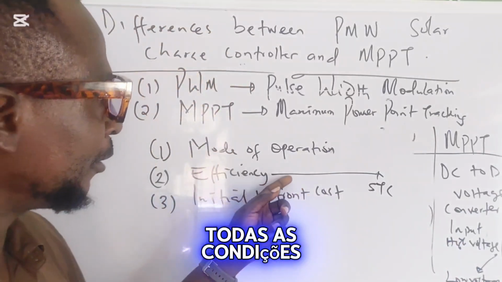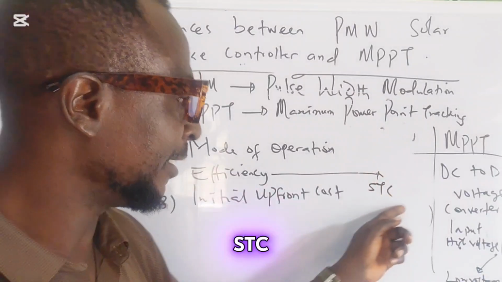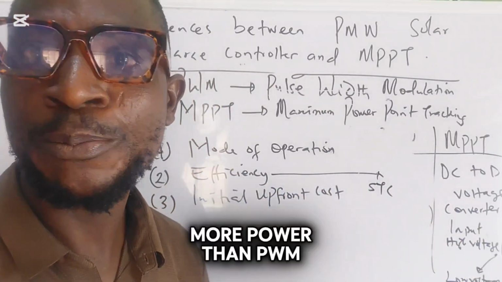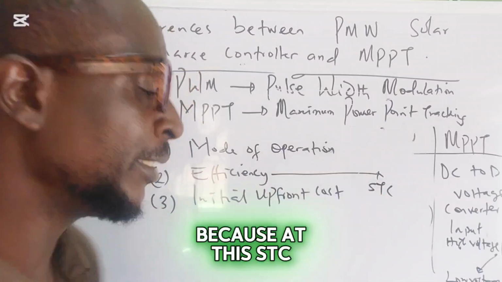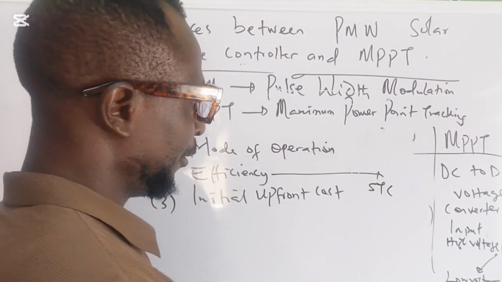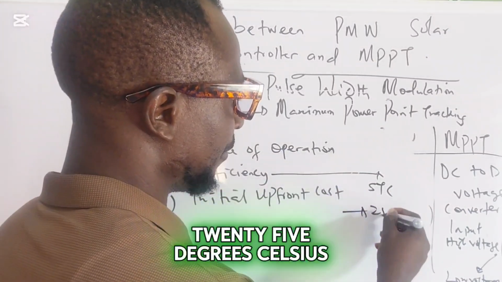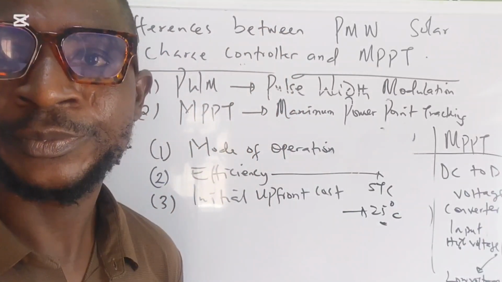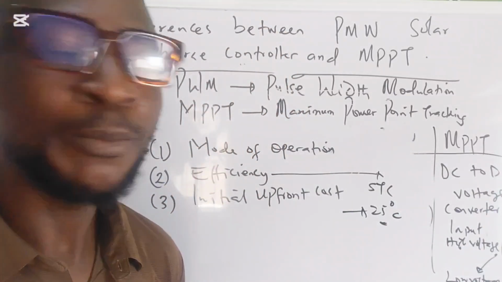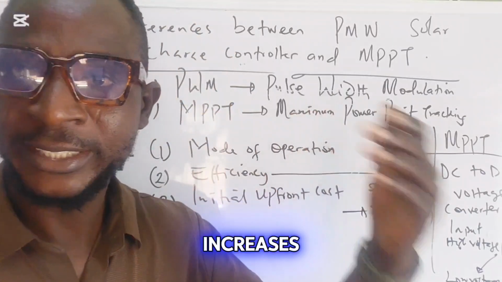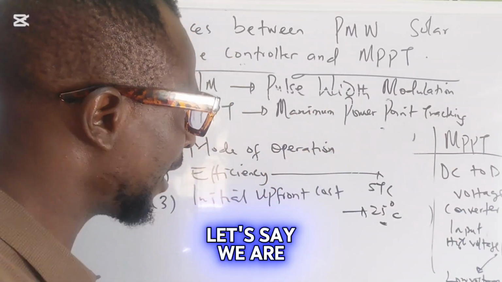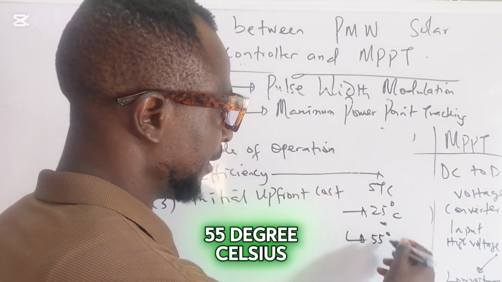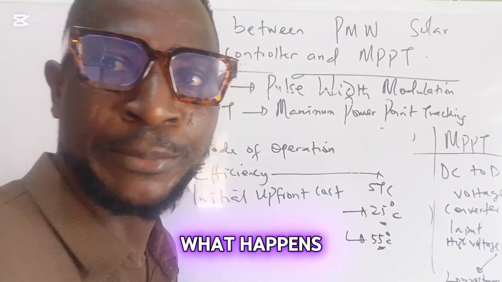At a condition that is close to STC, definitely MPPT will give 20 to 30% more power than PWM, because at STC your temperature will be 25 degrees Celsius. But once the temperature increases, let's say we are having 55 degrees Celsius, what happens?